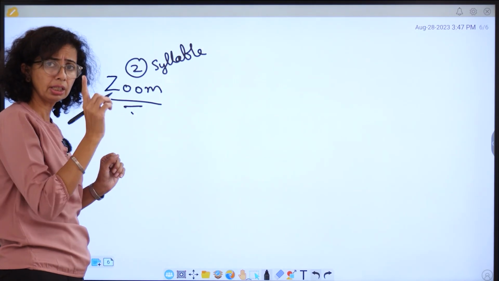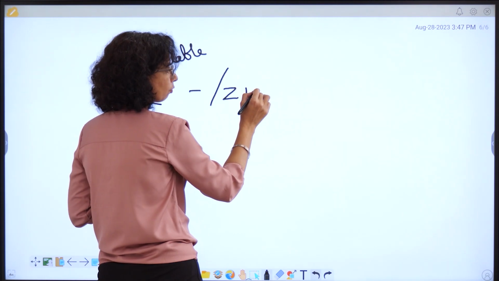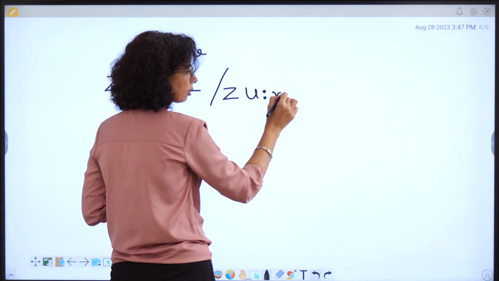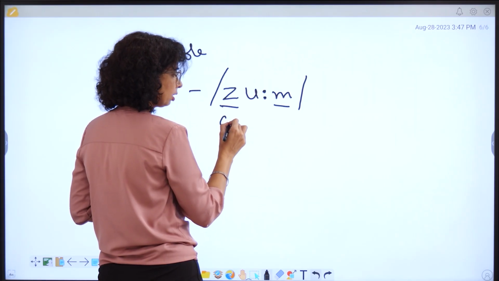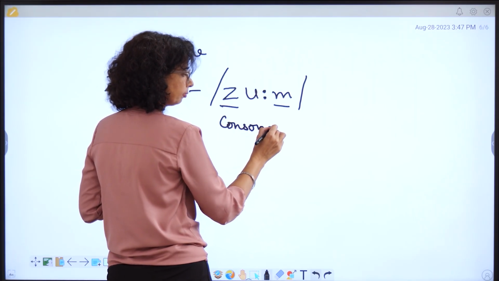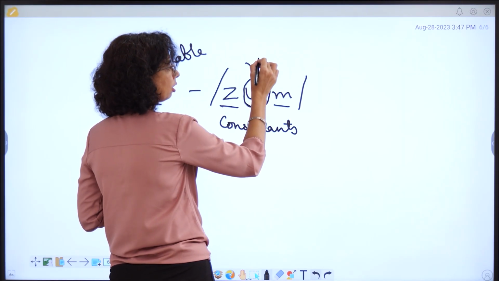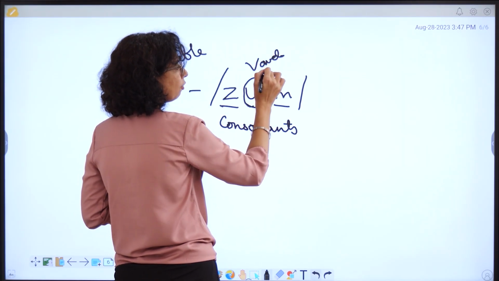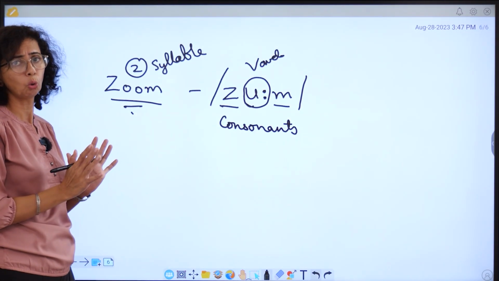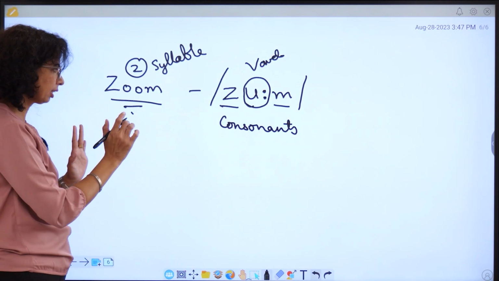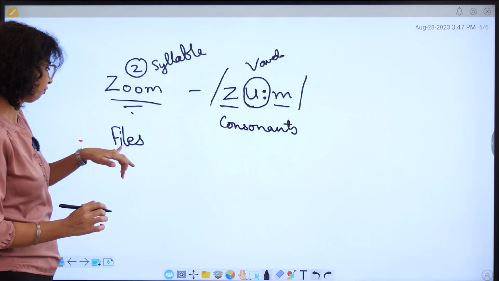But no, it has only one syllable because the phonetic description of this word is this. Z and M are consonants, whereas U is the only vowel over here, which makes it a monosyllabic word. Another example to understand this, another very simple word, files.